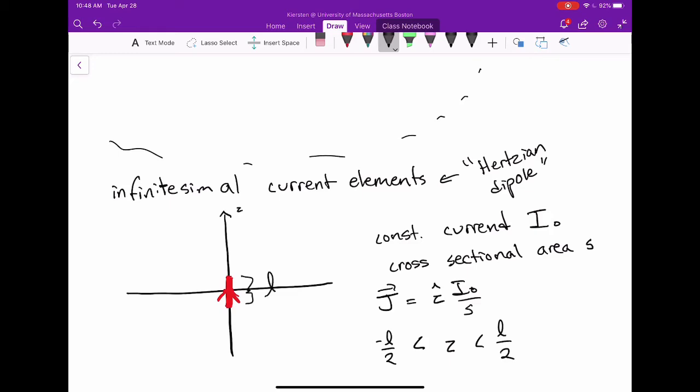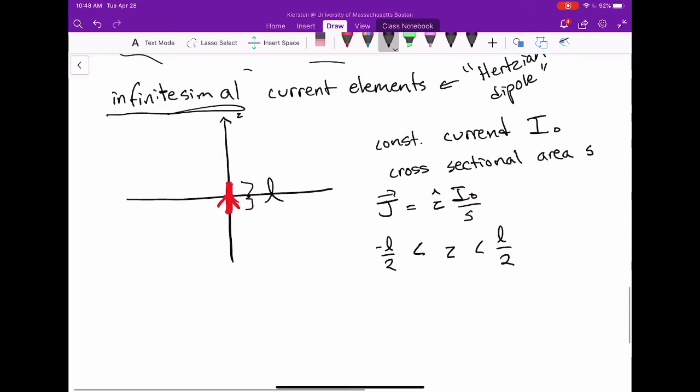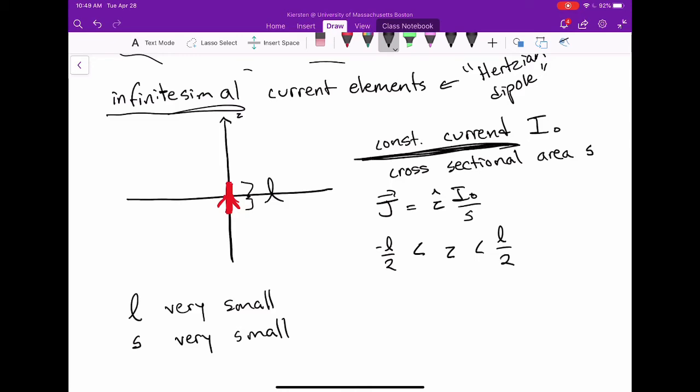So its total length is L. And now here's the thing. This is an infinitesimal current element, so L is very small, and S is very small. And we've said that the current is constant on this current element. Otherwise, it's not really useful as a building block for integration.